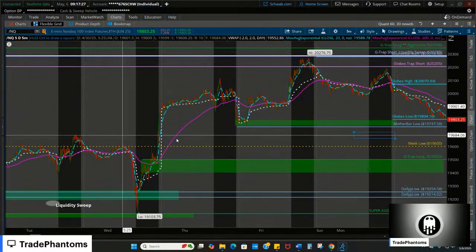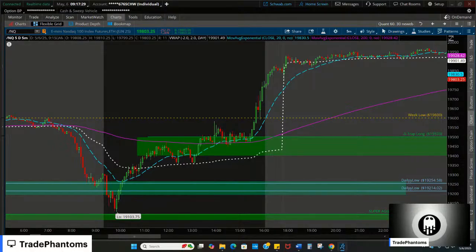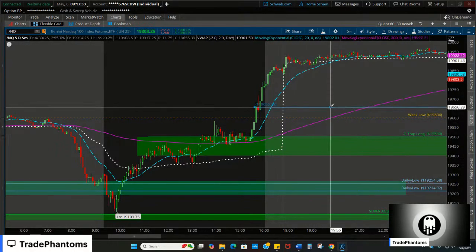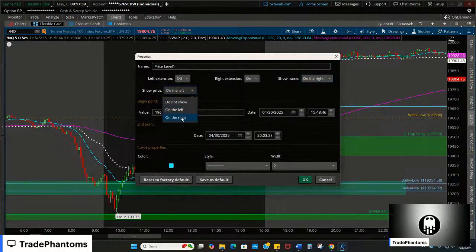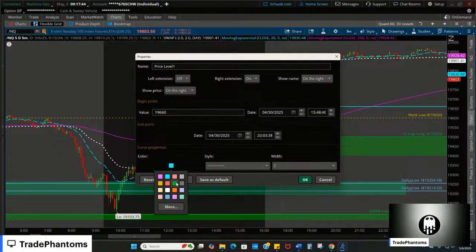If I were to put that on the table, be extremely careful with this, especially with NASDAQ. 19,660, aggressive. G-trap long.